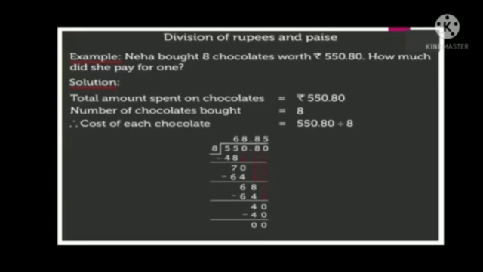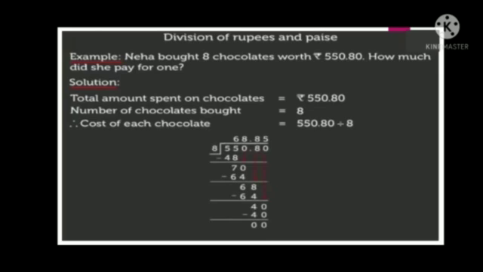After that, when we count the table of 8, so we'll find out 8 5s are 40, which is equal to the number, so it can also be subtracted. So we will take 8 5s are 40 and do the subtraction. After that we'll get 0 at the end, and here student, you can see there is no other digit left in the dividend which we can bring down next.